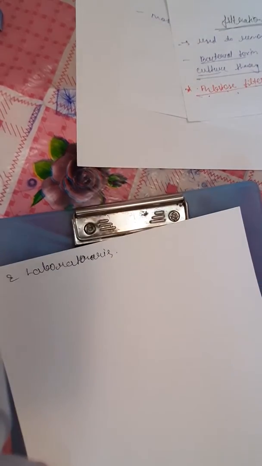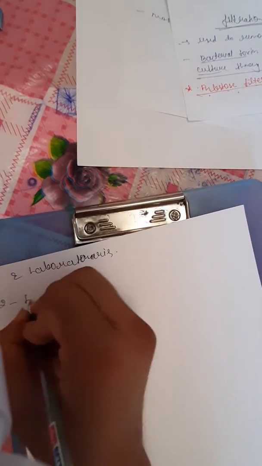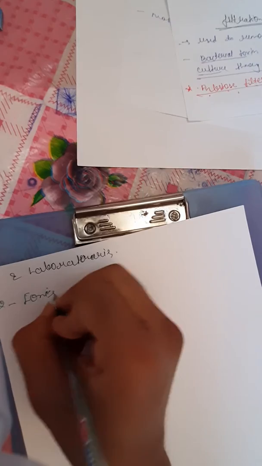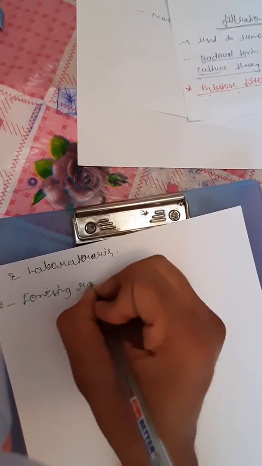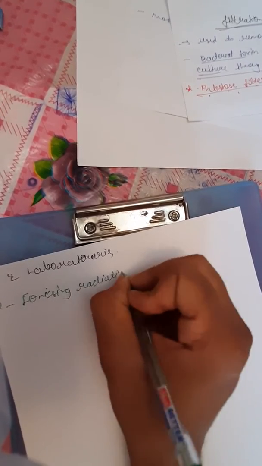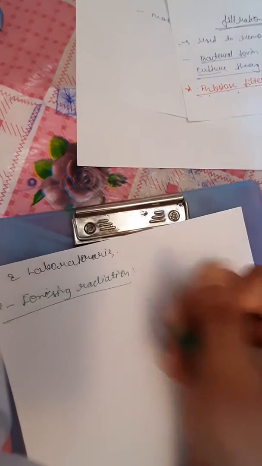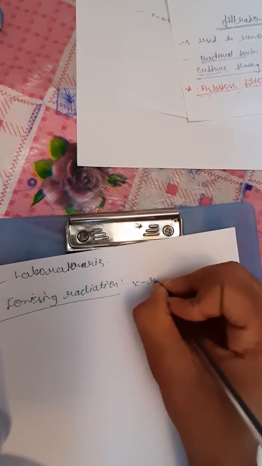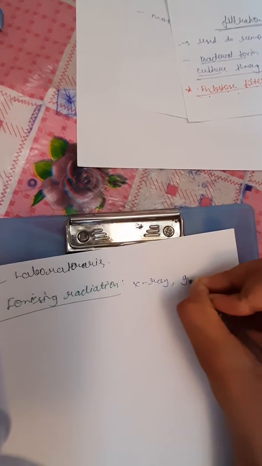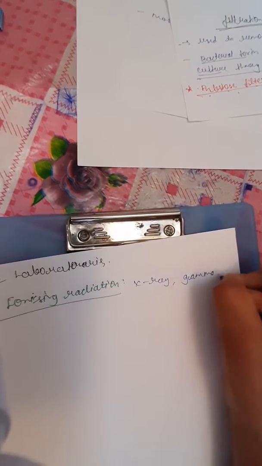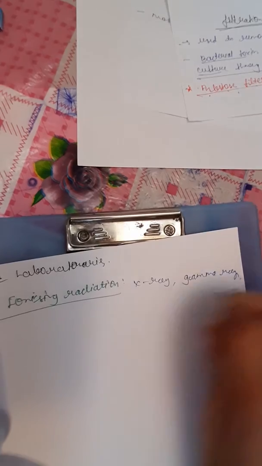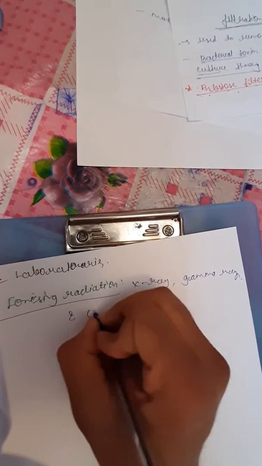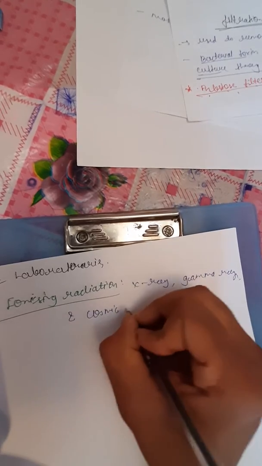And we will see the second one, that is ionizing radiation. For ionizing radiation we use X-rays, gamma rays, and cosmic rays.